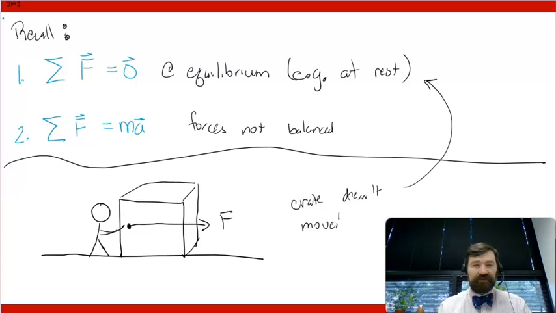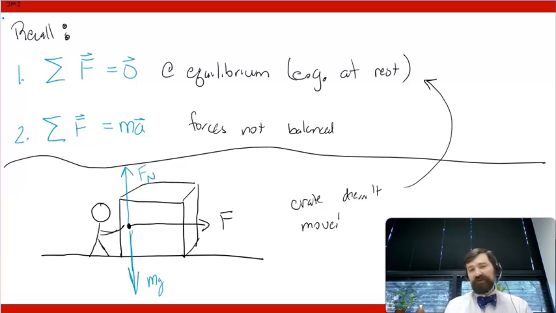Now I can draw a couple other forces on this crate. For example, I know that there is some gravity, so I could draw a gravity force, and I could draw a normal force. But I notice that gravity and normal force in this particular drawing would be vertically oriented, and the force I'm applying is horizontally oriented.